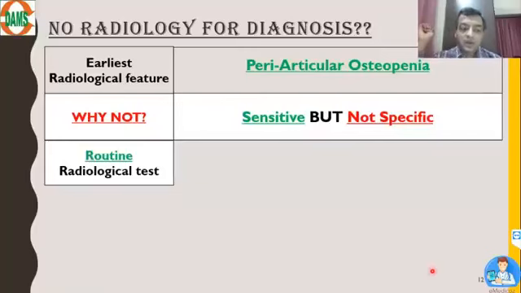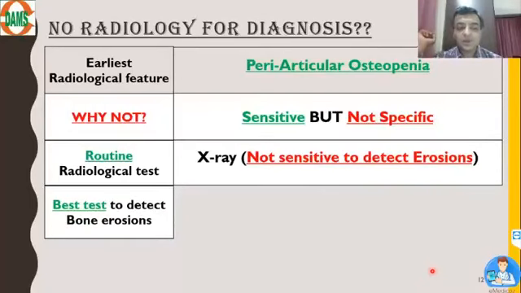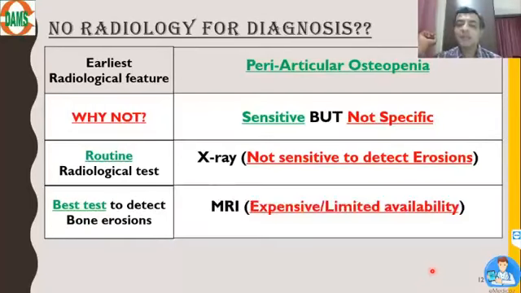Next one, routine radiological test. What do you do routinely? You do MRI? No, we do X-ray. X-ray is commonly available, but it is not sensitive to detect erosion. The best test to detect erosion is MRI, but it is expensive with limited availability, so you cannot do it in routine patients.